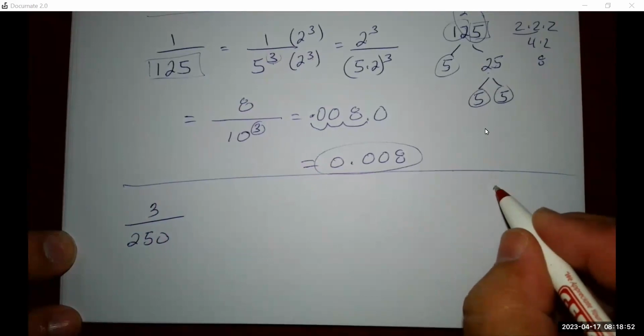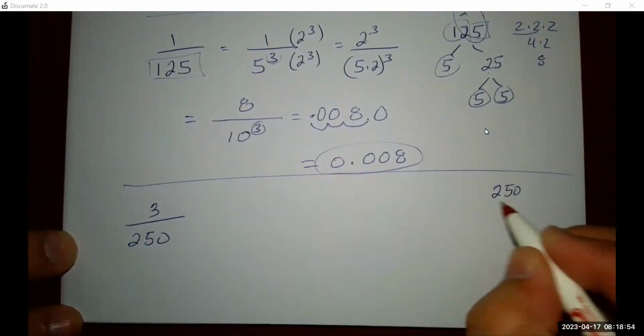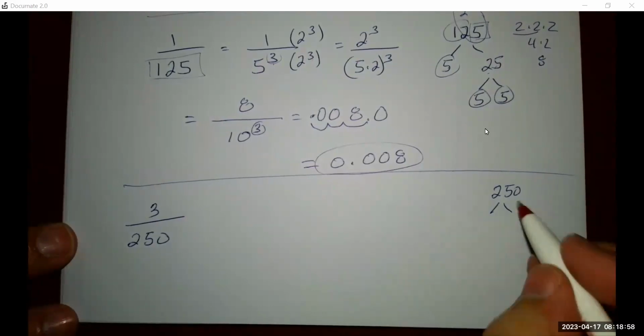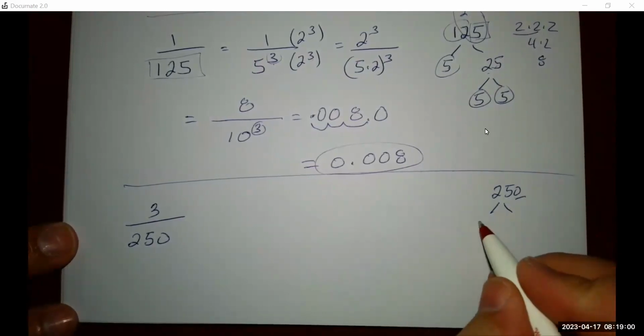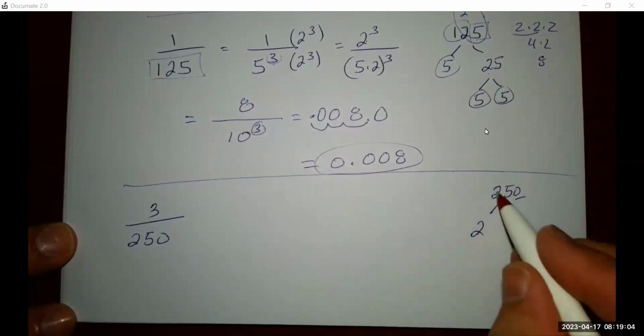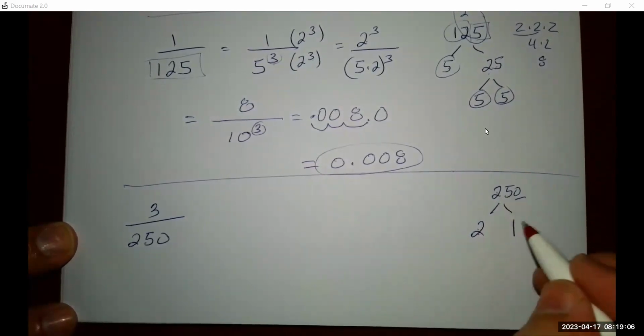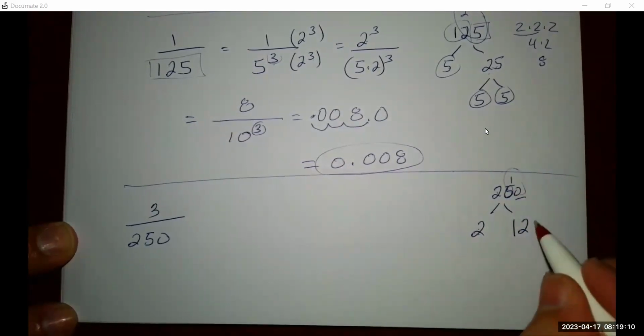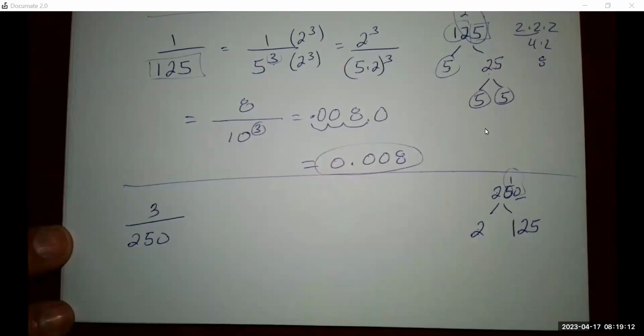Okay, so 250. Remember, we want the bases to be 2s and 5s. Since it ends in a 0, we know it's divisible by 2. 2 goes into 2 once. 2 goes into 5 twice with 1 left over. 2 goes into 10 5 times.